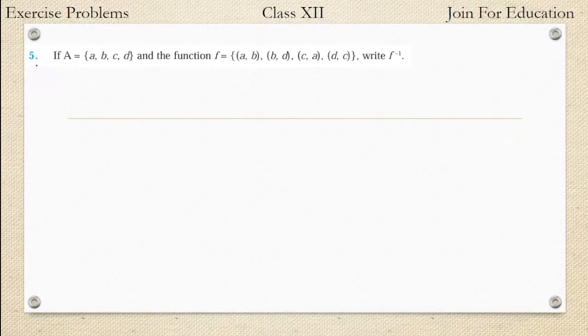This is question number 5. If a, b, c, d are the elements of A and the function f has ordered pairs (a,b), (b,d), (c,a) and (d,c) as its elements, in this question also we are asked to write the inverse of this function.